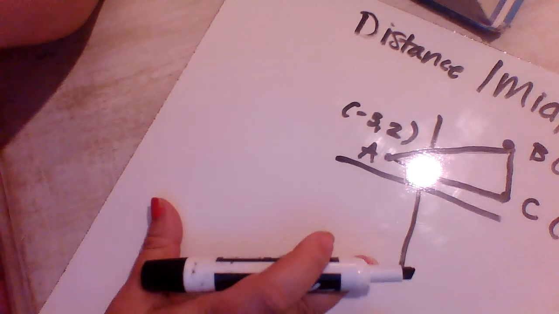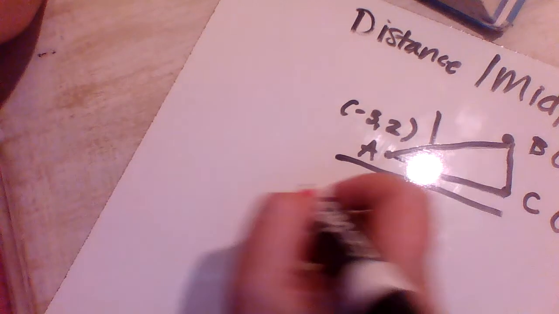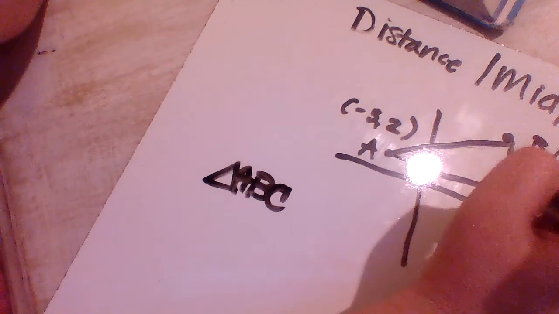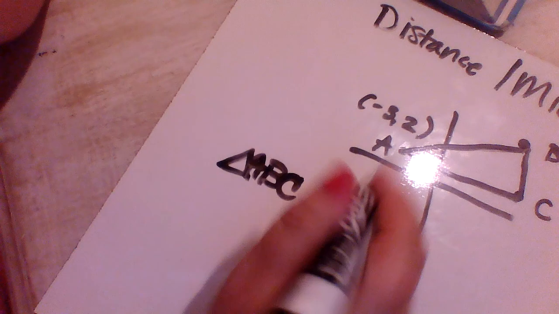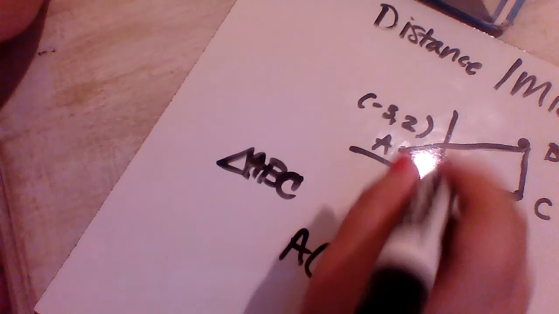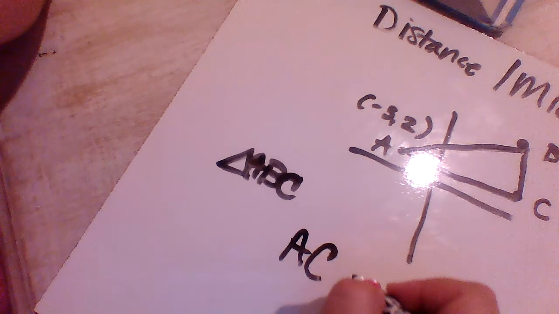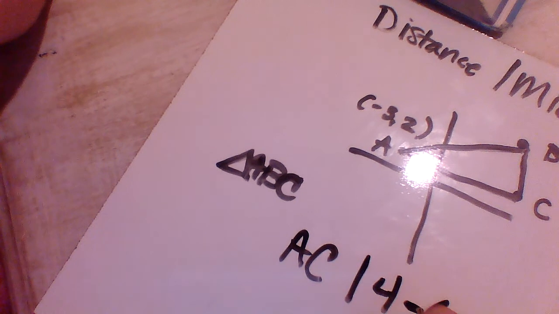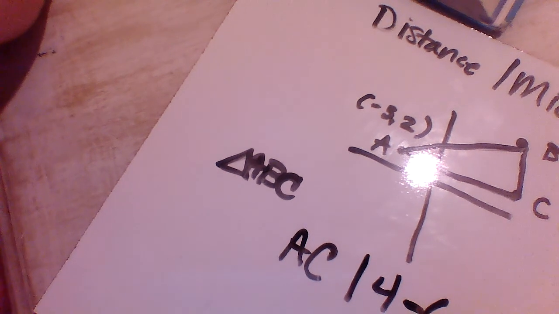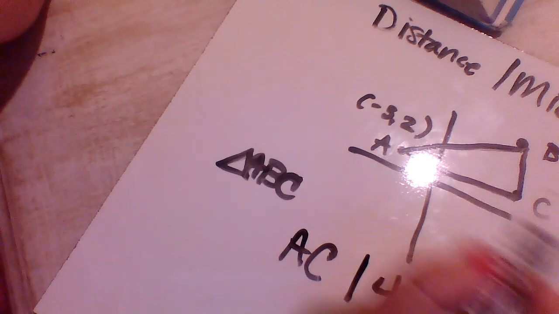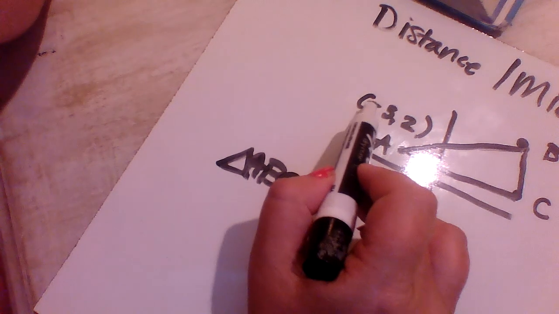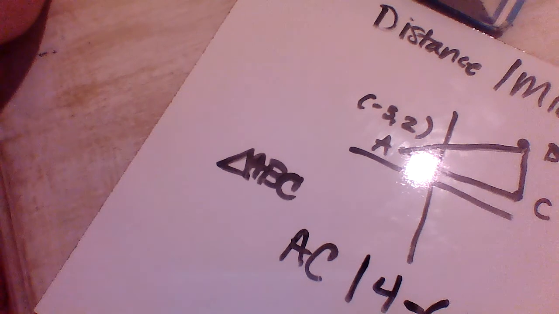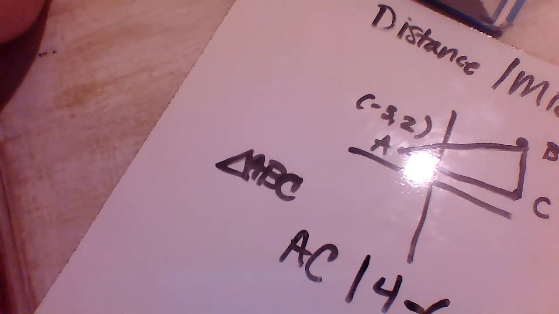So if we're looking for that, then the lengths of the legs of this triangle ABC is going to be like this. We're going to take AC, and we're going to say that it's the absolute value of 4 minus negative 3. So that's taking 4 minus negative 3, and that is going to give us the absolute value of 7, which is 7.